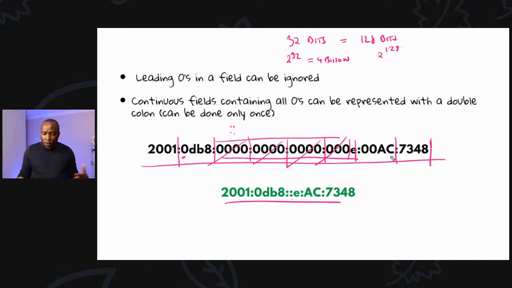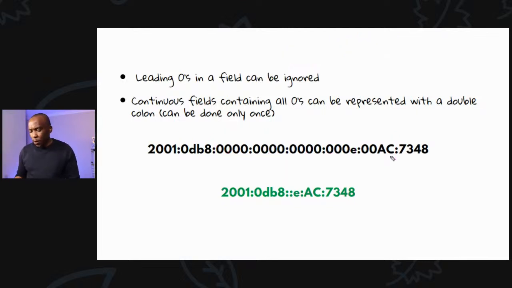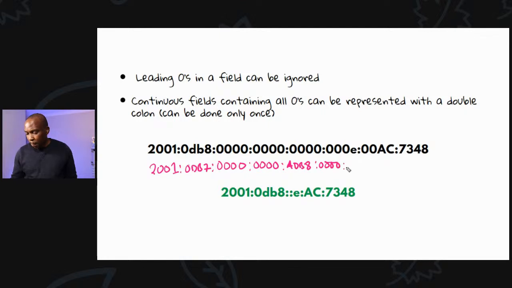Continuous fields containing all zeros can be represented with a double colon, but this can only be done once. I'm just going to clear my screen. So what do I mean? Let's write a new IPv6 address: 2001:0db7:0000:0000, and then ADB8:0000:7347.